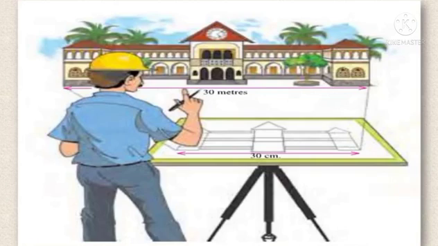While drawing a map, the distance between two places on the ground has to be shown in such a way that it fits the paper. The distance on the map is proportionate to the distance on the ground.